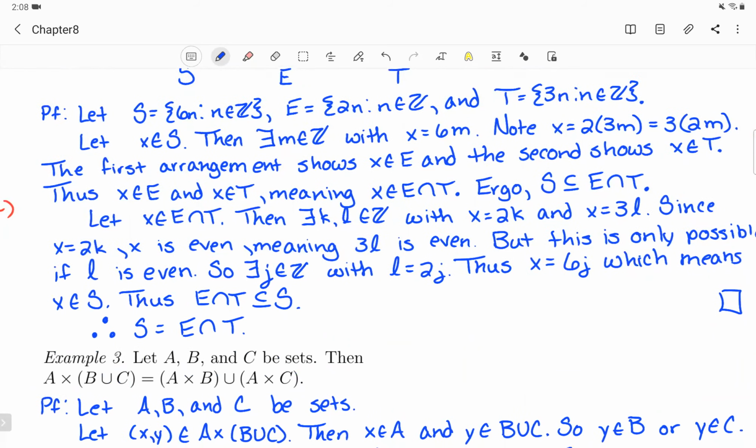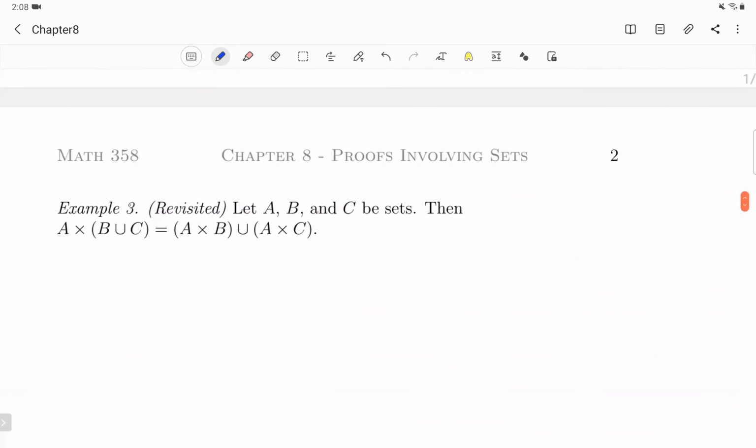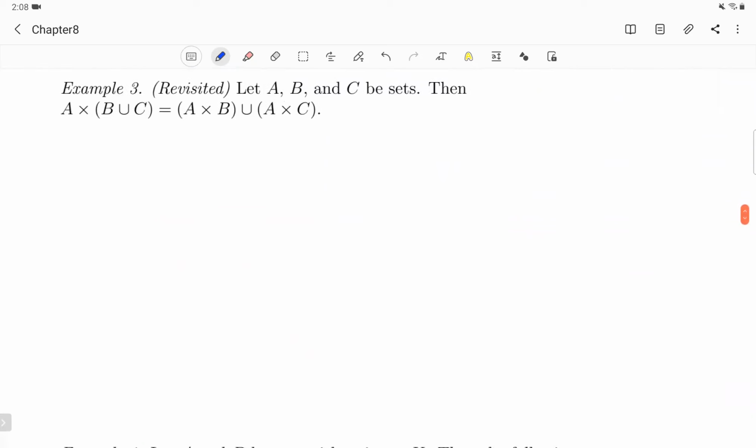But this proof, it was pretty much the exact same logic backwards. When that happens, there's a shorter way to write it. Well, not shorter space-wise, but shorter wordiness-wise. So let me show you how we can condense that. If you look at the next page, we are going to rewrite this proof in a short way.